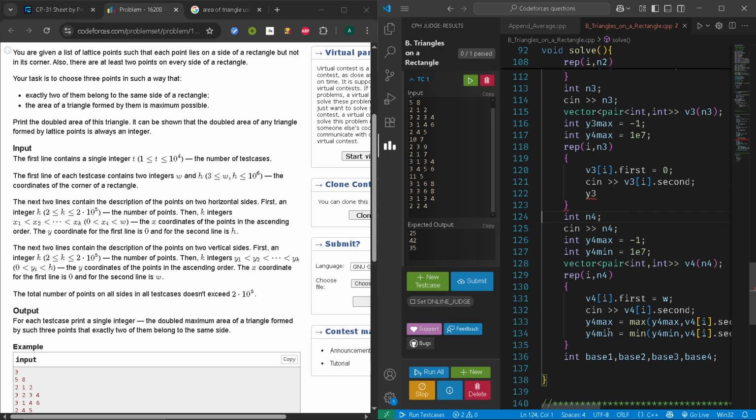Then what I need to get is the height. From height, how will I compute the area? What I actually need is x, y coordinates of the bases.